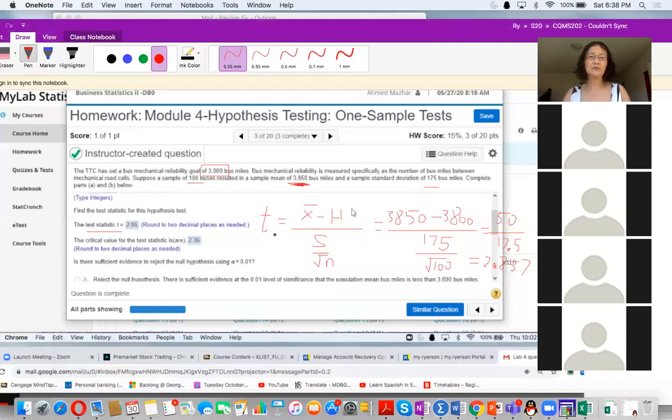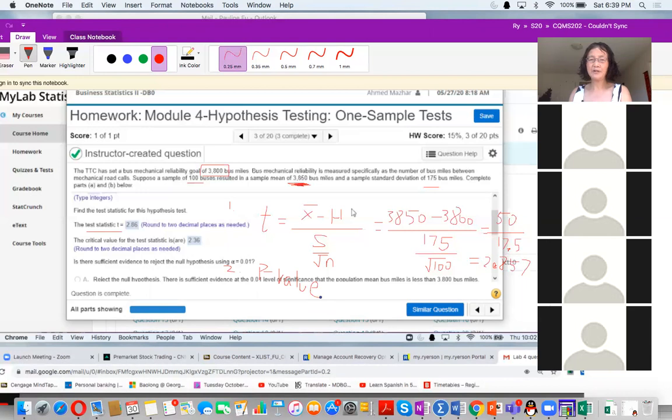Okay. The second question I get is, what is the p-value? How do you calculate the p-value? Once you get this test statistic, I will put my calculator here.